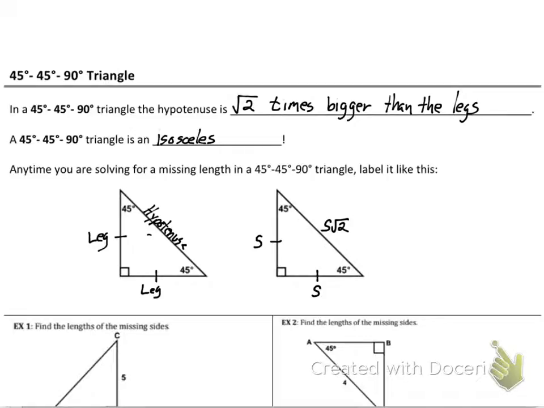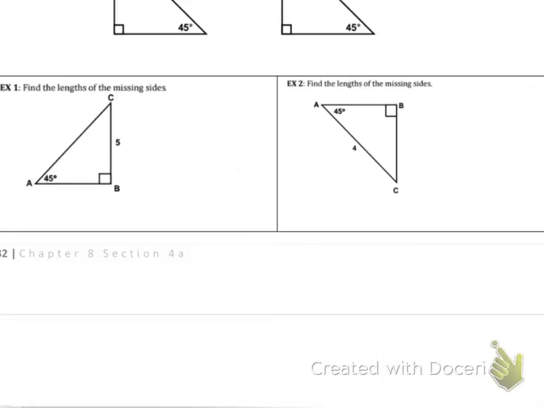Okay, so we have S, S, S square root of 2, because it is isosceles, so the two sides are the exact same. The reason I label that every single time is let's look at that first example. It says find the lengths of the missing sides. If I do what I just told you to do, I would label this side S, S, S square root of 2.